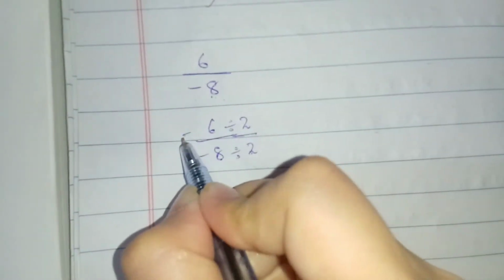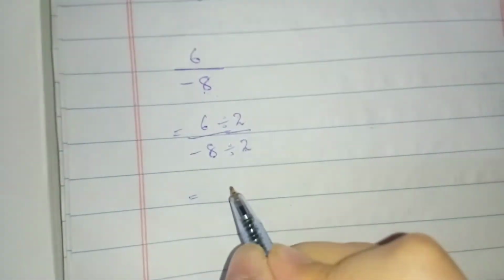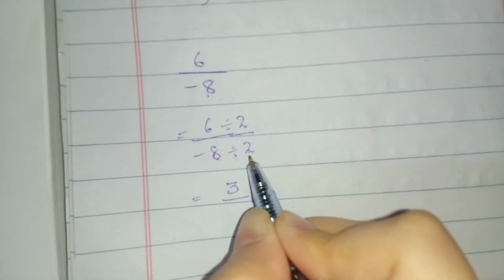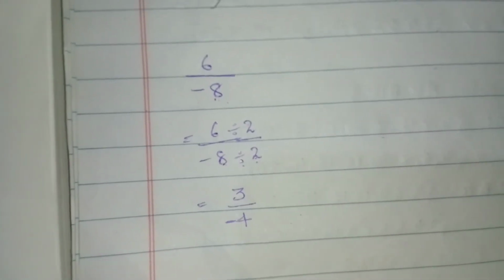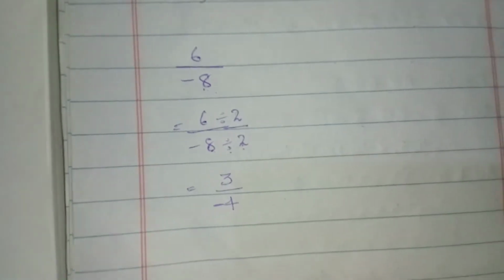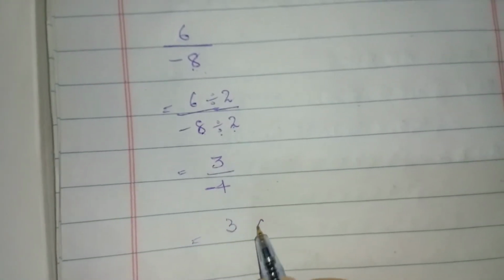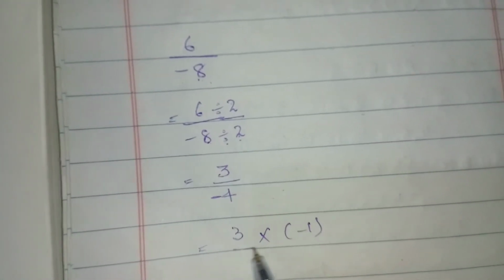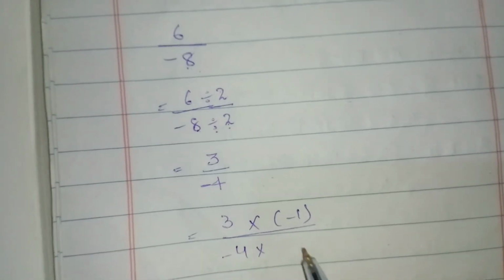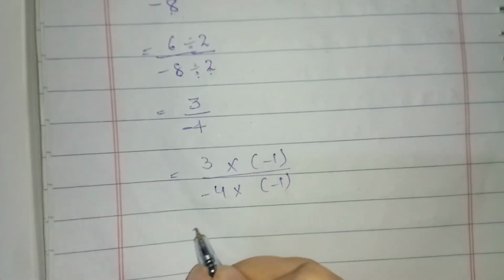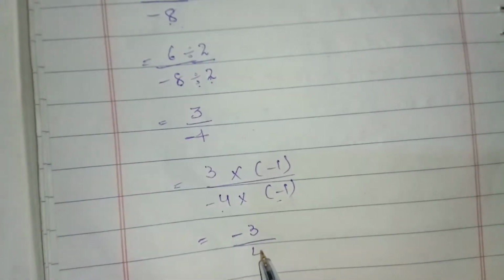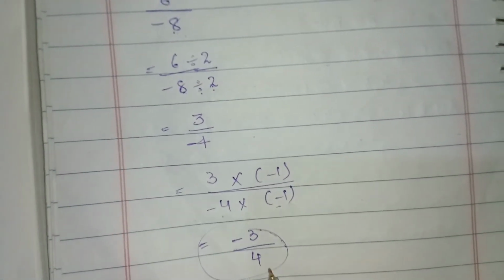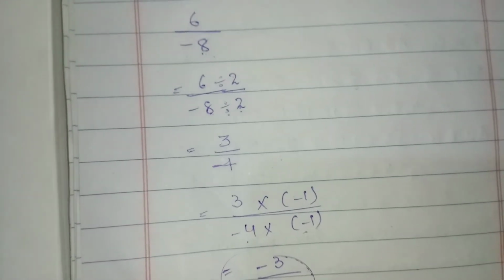So 6 divided by 2 is 3, and minus 8 divided by 2 is minus 4. Now we have to make the denominator positive. For that we multiply by minus 1 in the numerator and in the denominator. So the answer is minus 3 over 4. So minus 3 over 4 is in the standard form.